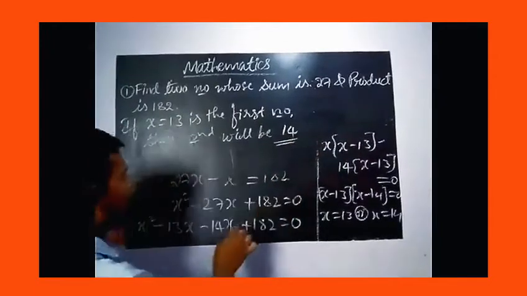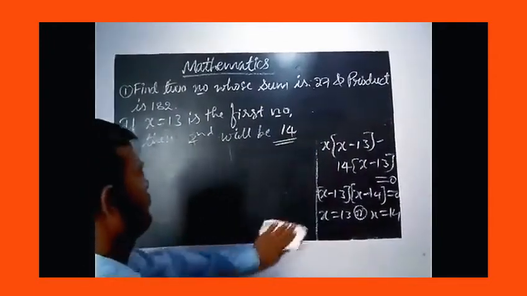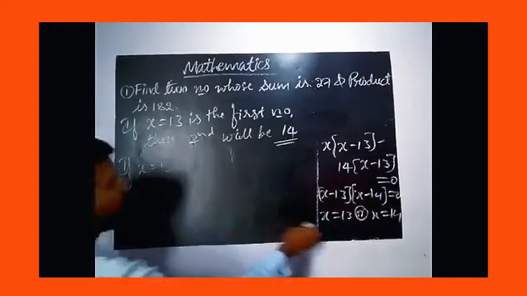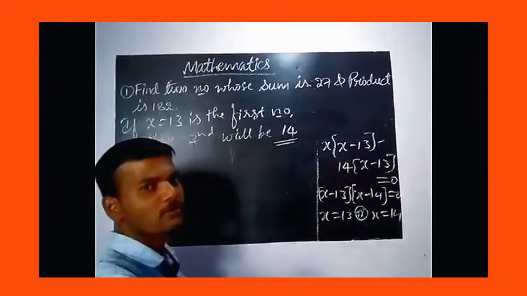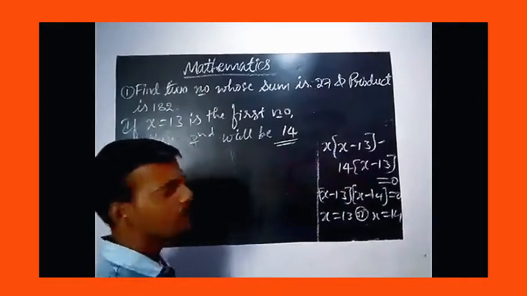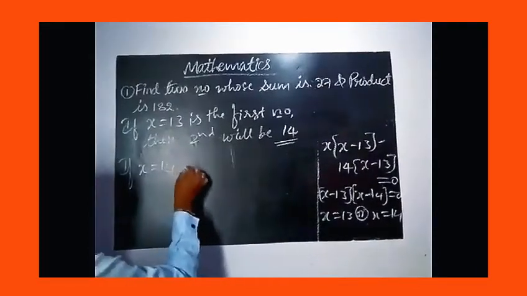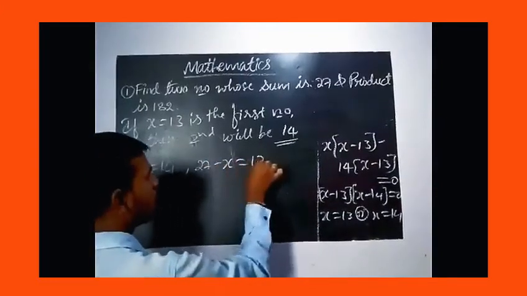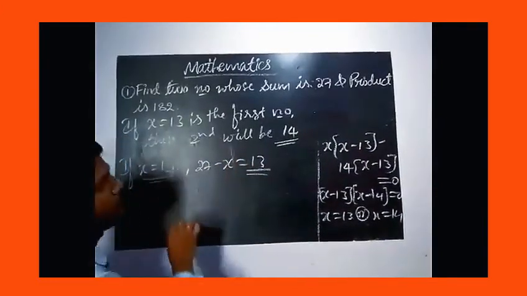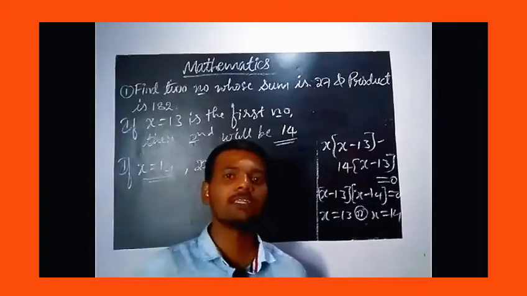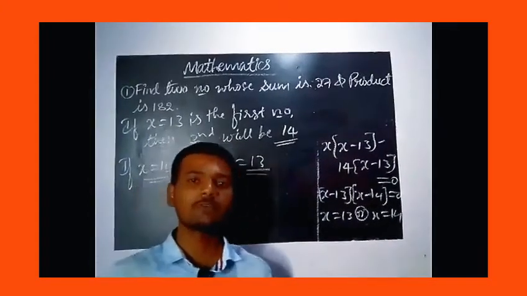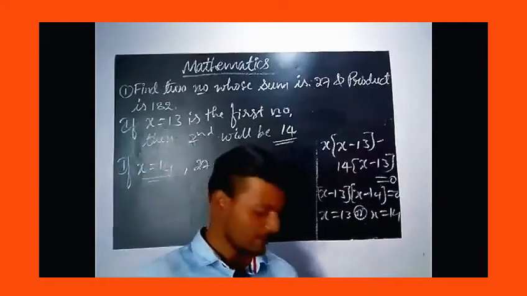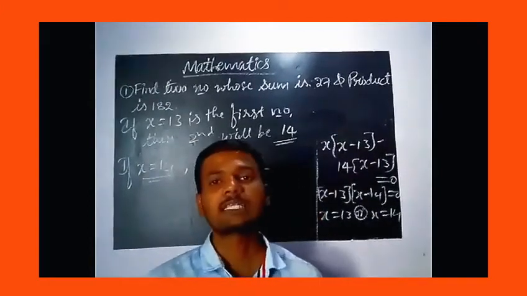If x is equal to 14, we have got two roots, so we have to check both of them. If x is equal to 14, then 27 minus x is equal to 13. So 14 and 13 are the two numbers whose sum is equal to 27 and the product is equal to 182. Let us discuss the next example.